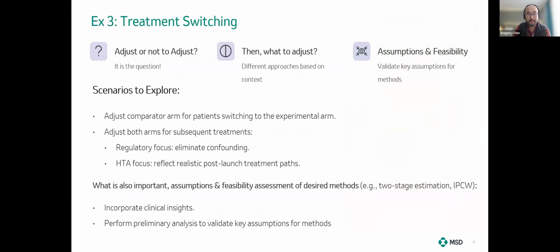So maybe the next example we could look into is treatment switching analysis for overall survival. The overall survival is probably undoubtedly one of the most critical clinical endpoints in oncology trials, but it has its complications. One of its complications is that in the trial setting, usually the patient might not stick with the assigned starting medication until the end of the study follow-up period.